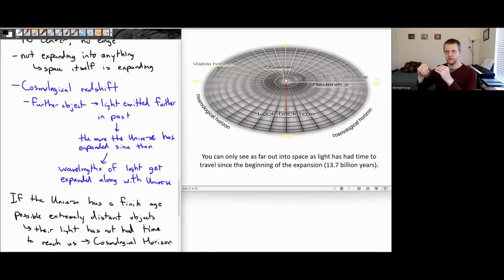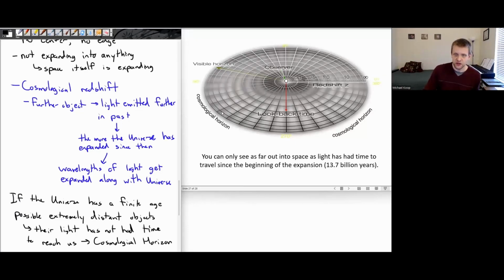Just like the horizon that we talk about on Earth, where the Earth is curving away, we can't see anywhere past the horizon because the curvature of the Earth is blocking our view. In this case, what's blocking our view of things that are further away is that those objects are so far away that light simply has not had enough time to reach us from these very, very distant locations.